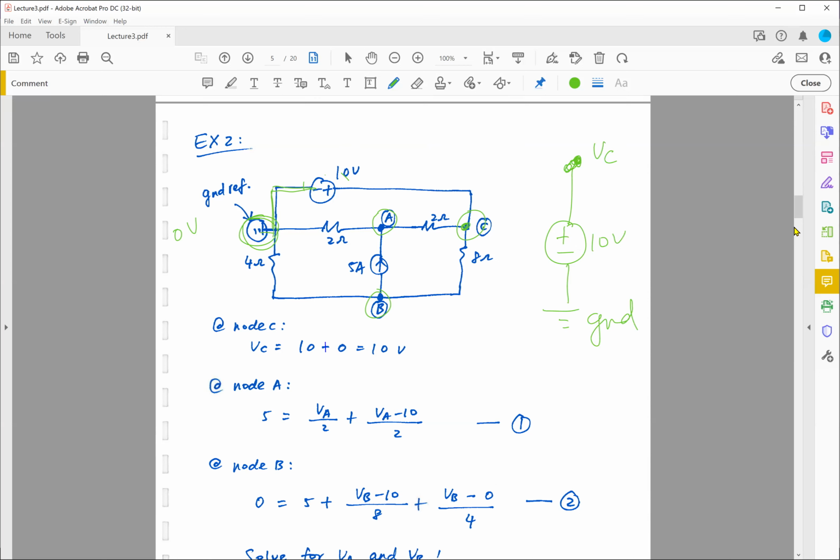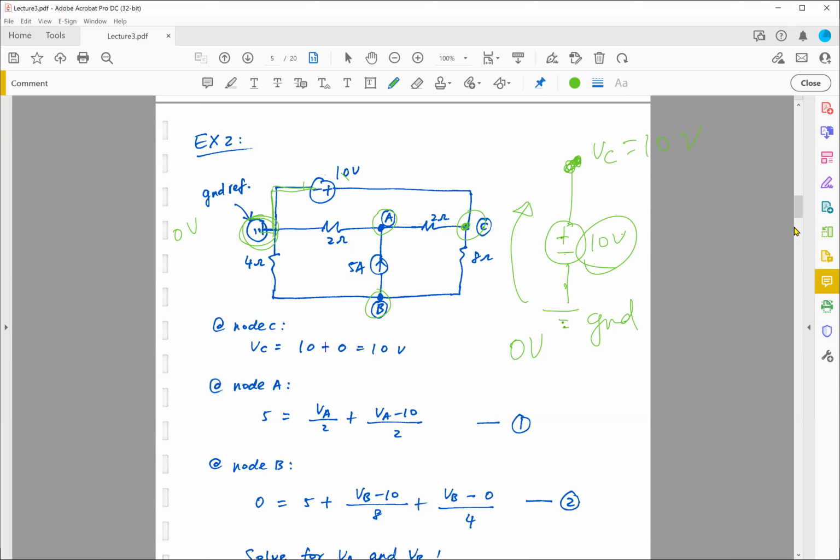If this is 0 volts, and this here is 10 volts, then how much should VC be? VC should be 10 volts. You see that this is my ground, and from negative to positive, I have a voltage rise of 10 volts. So from ground, I rise up by 10 volts, and therefore my VC has to be equal to 10 volts.